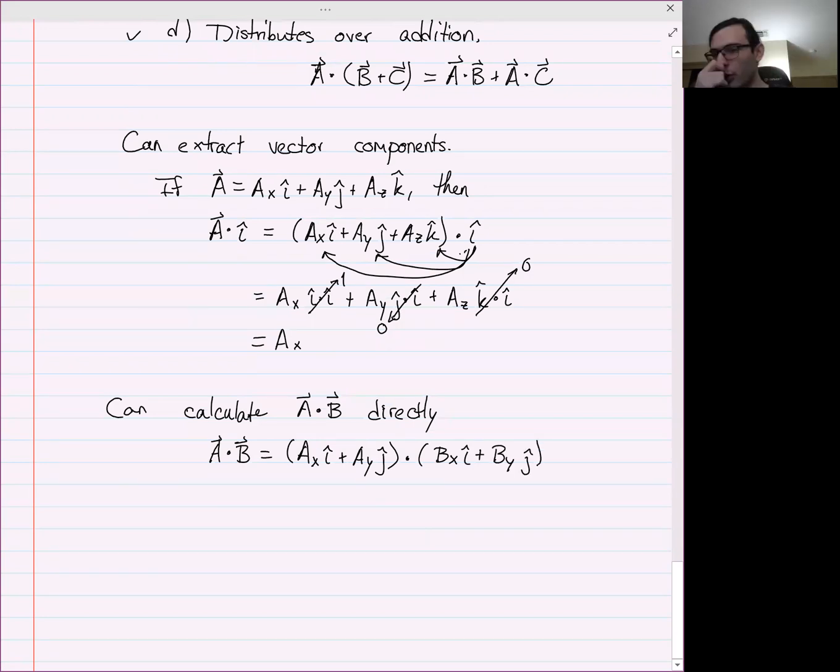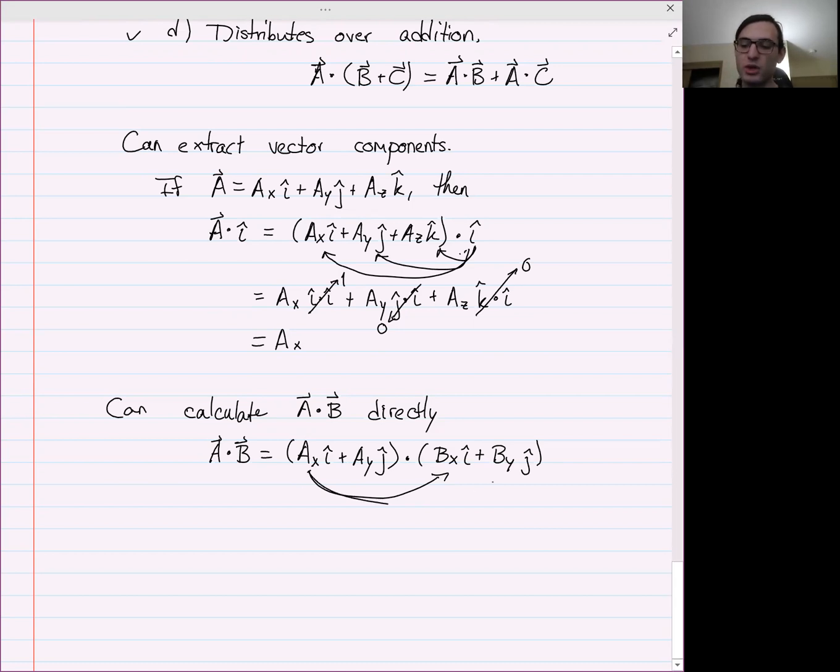And if these were three-dimensional vectors, you would have k hats and Az and Bz, but this should get the point across. And then you can just FOIL, right? Do the normal thing that you would do. You would first do these terms because it distributes, so it'd be Ax i hat dot Bx i hat, and that's just Ax times Bx because i hat dot i hat is 1.